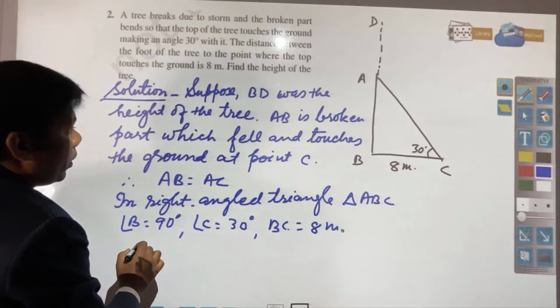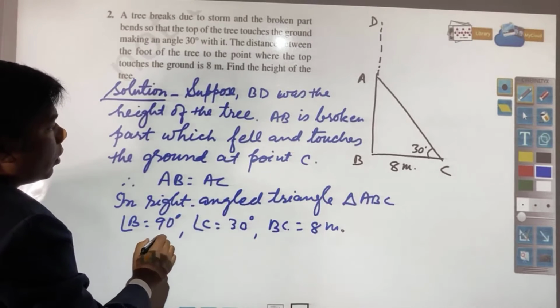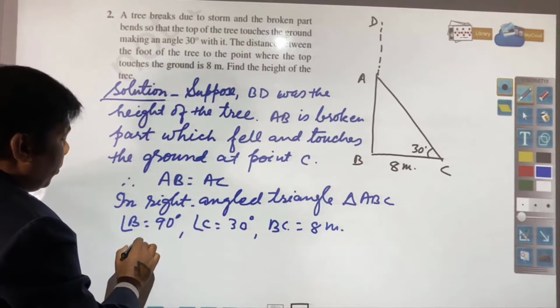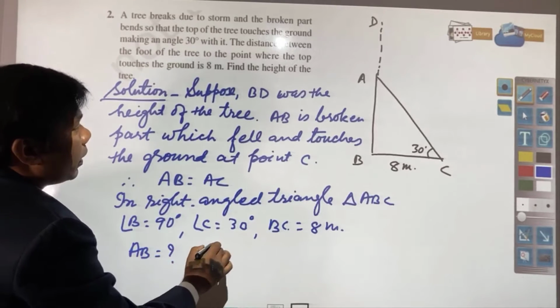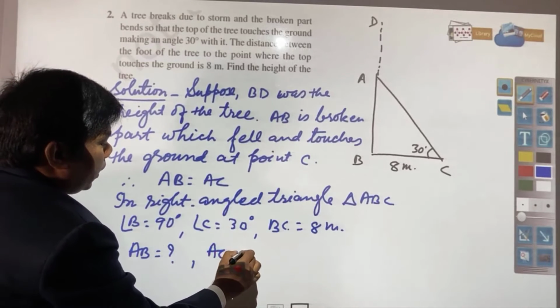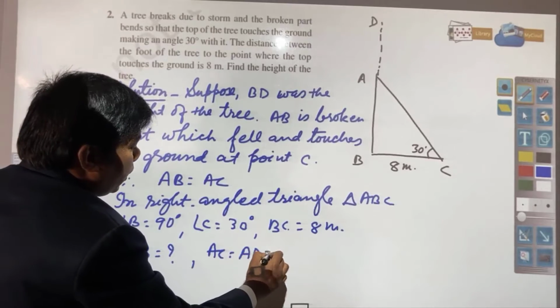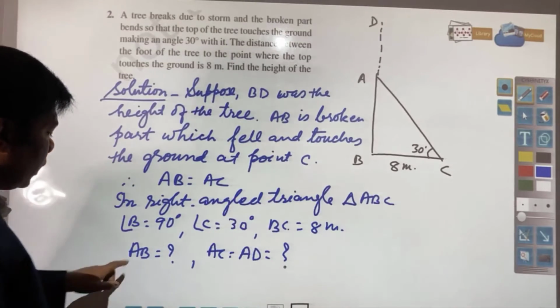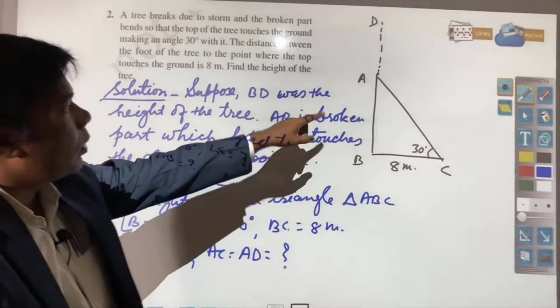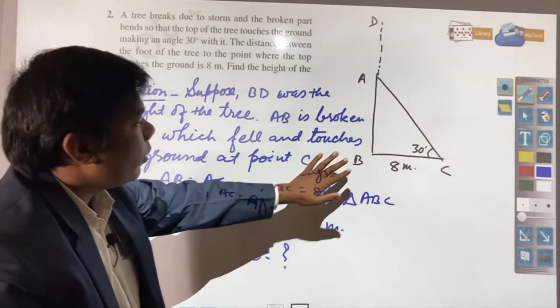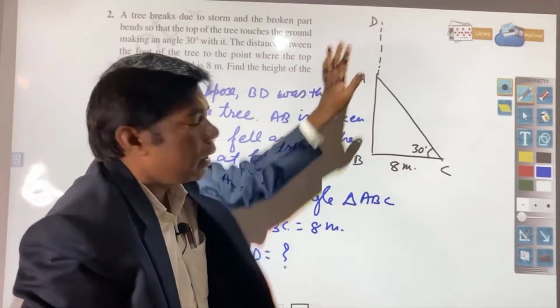What we need to find out? We need to find out AB, and we need to find out AC, which is equal to AD. Two things we have to find out: AB and AC. And AC is equal to AD, and the height of the tree will be AB plus AD.